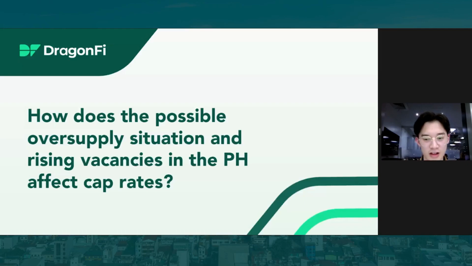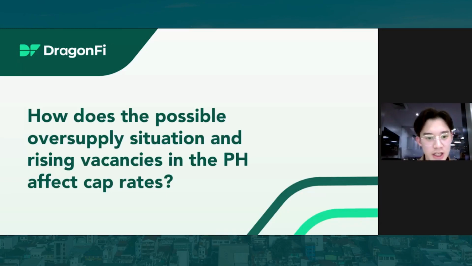Okay, how does the possible oversupply and rising vacancies in the Philippines affect the cap rates? So the oversupply of leasable space, arising from the rising vacancies, would definitely lead to higher cap rates.